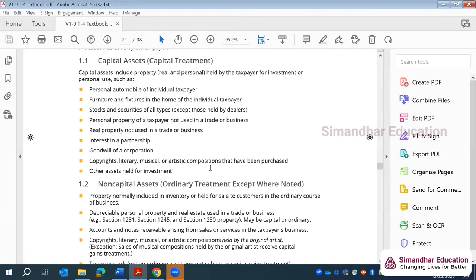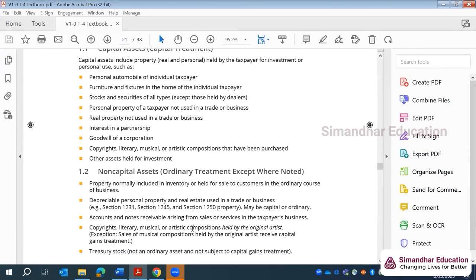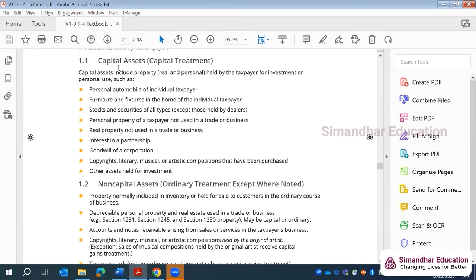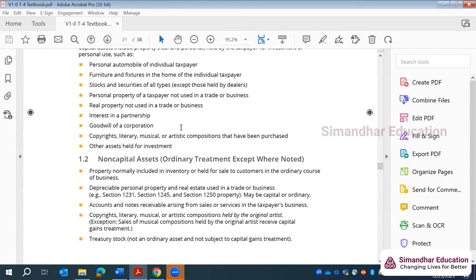A few examples I would like you to understand: a copyright, literary, musical or artistic composition held by the original artist will be treated as ordinary. Whereas if you have copyrights, musical or artistic compositions that have been purchased from someone else, that would be considered a capital asset.